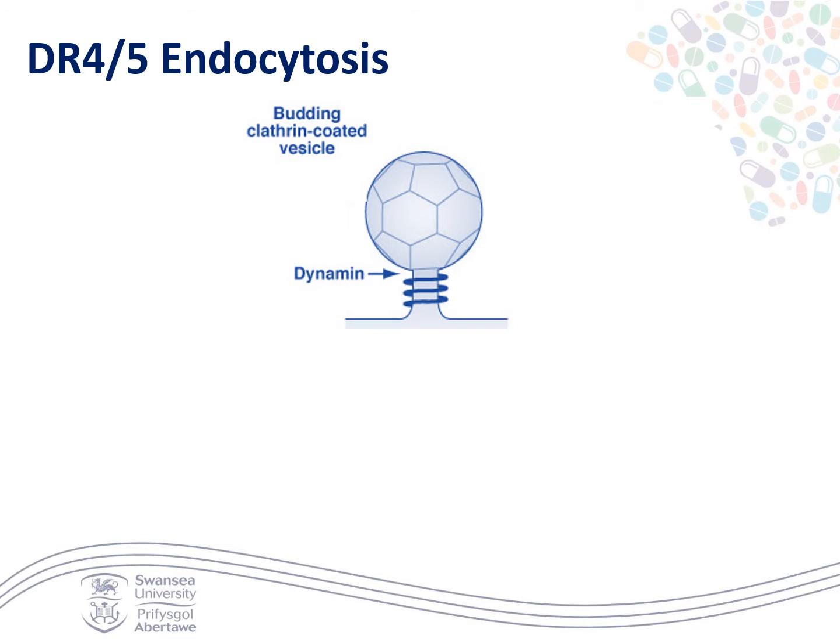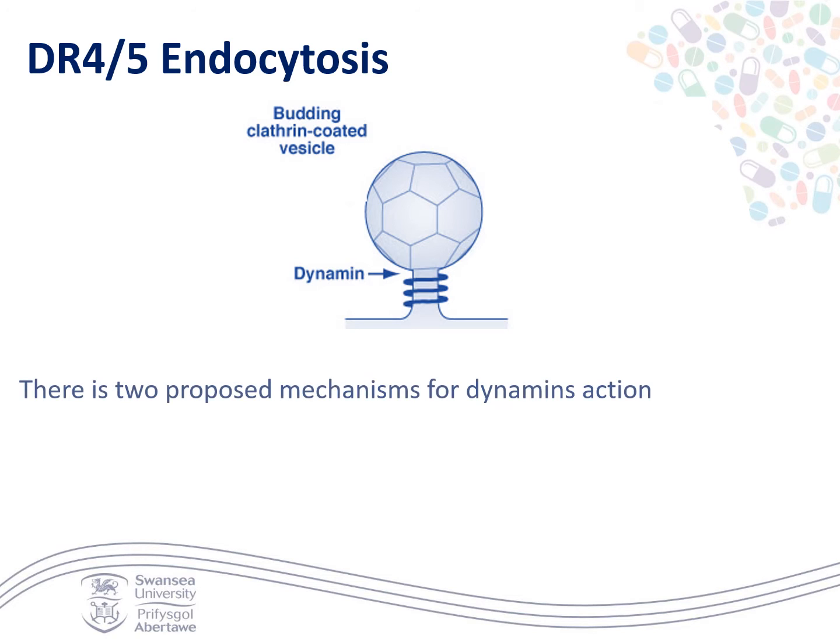So dynamin then utilizes GTP in order to undergo its molecular function, which is promoting the scission event of the vesicle from the cell membrane. Now, the exact mechanism by which dynamin actually does this is relatively contended. It can do this by one of 2 proposed mechanisms, and we don't know exactly which one is the actual mechanism.